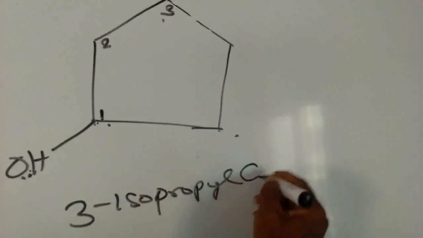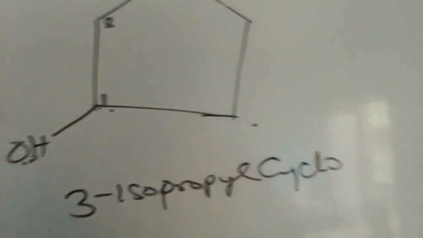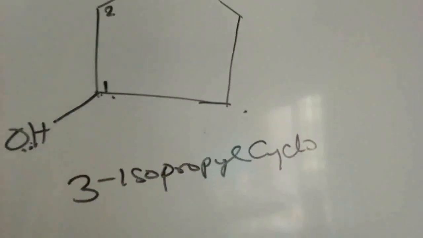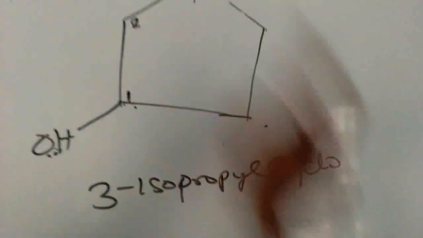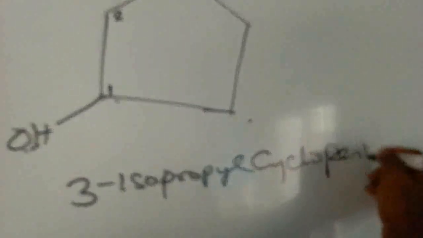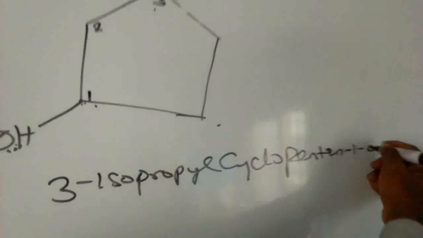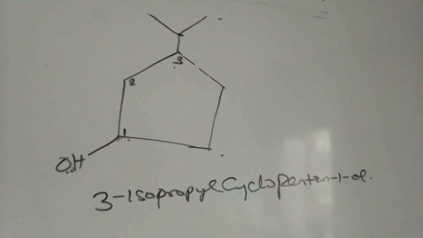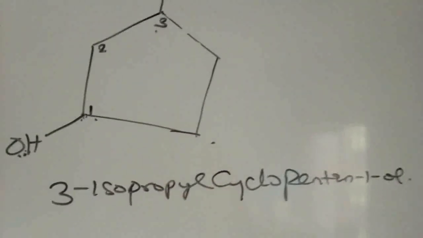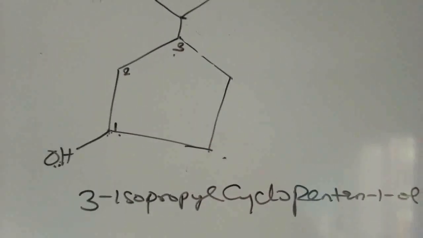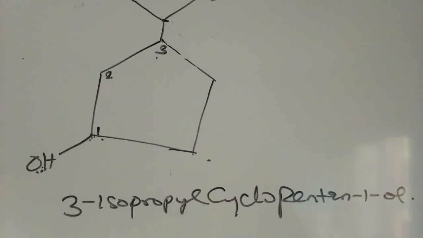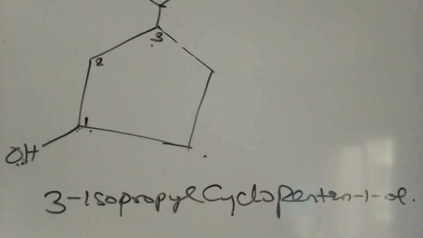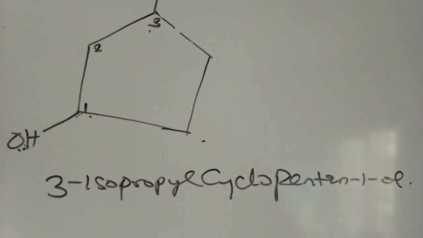When I say cyclo, it has 5 carbons in all, 1, 2, 3, 4, 5, pentan-1-ol, where the hydroxy group is. 3-isopropyl-cyclopentan-1-ol.